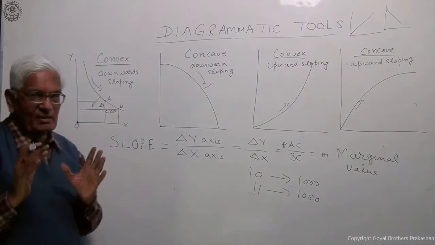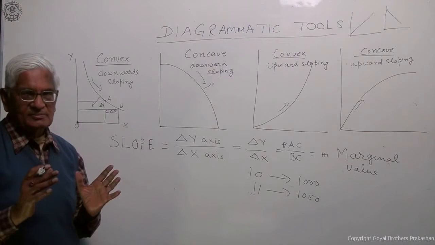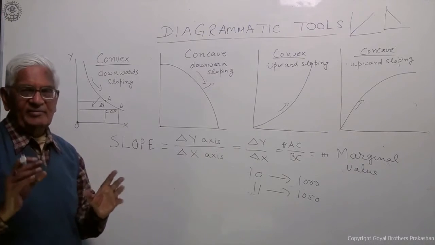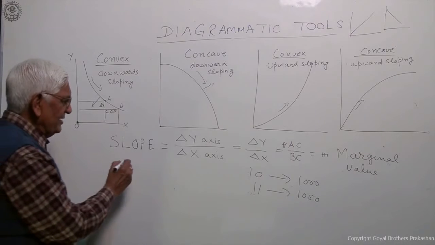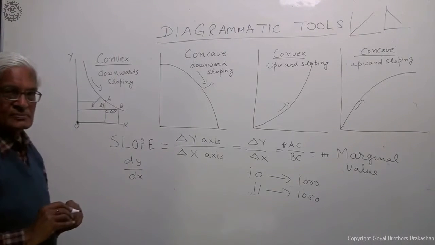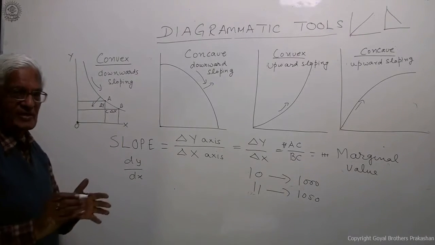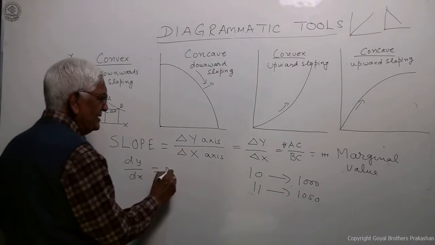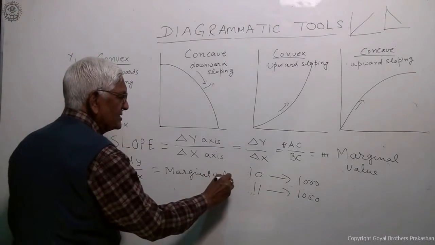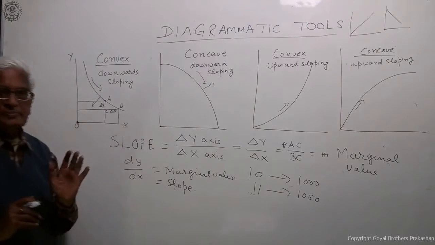You have studied economic mathematics up to class 10. Let me tell you one more thing. You have studied derivatives. The first derivative, dy upon dx. If you are given an equation and you find the first derivative, it is same thing as marginal value, and marginal value is the same thing as slope.